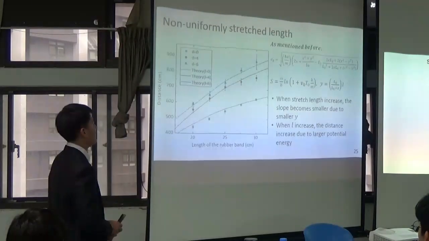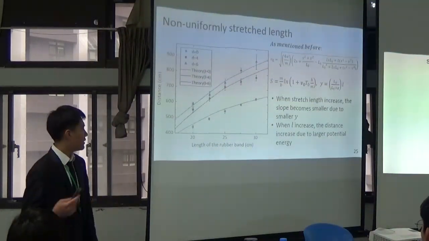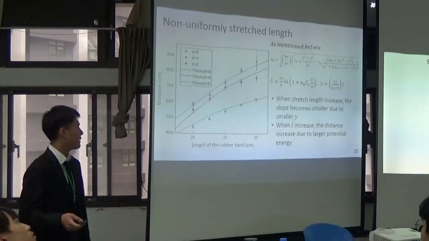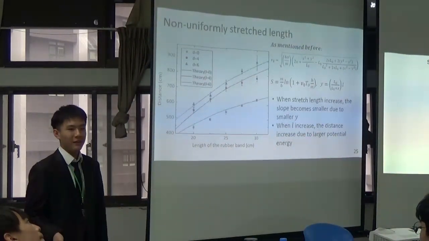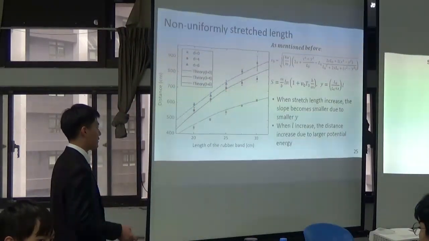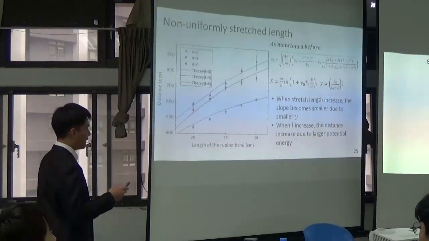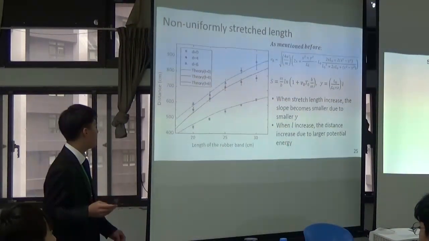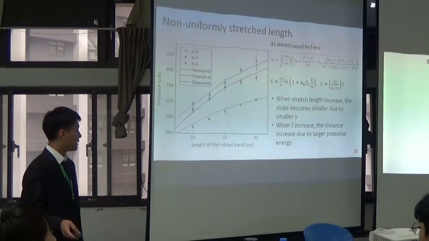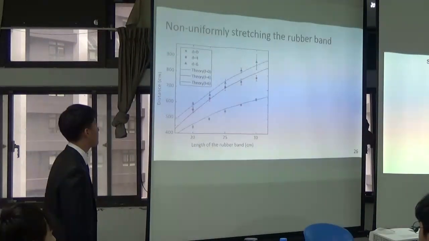So as mentioned before, this is the theory, and then we can know that when stretch length increases, the slope will become smaller due to the smaller y, and also the air resistance. And when L increases, the distance increases due to larger potential energy. So as you can see here, the one with bigger deflection length will have a larger distance.